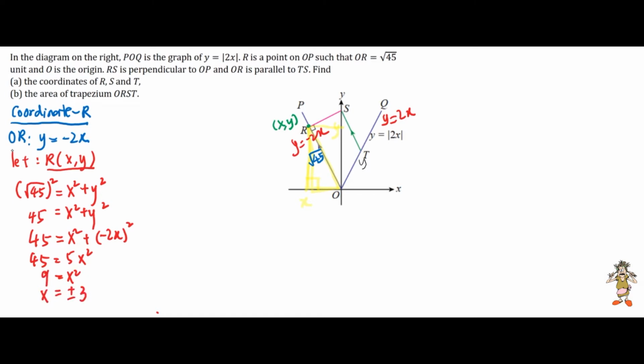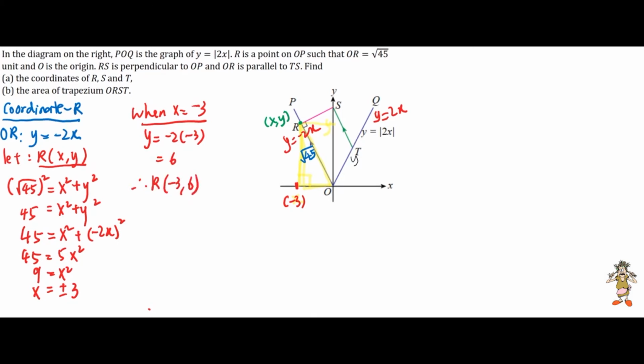Here is the negative side, so this should be negative 3. When x equals negative 3, y equals negative 2 times negative 3, so we have 6. Therefore, our coordinate of R is negative 3 and 6.